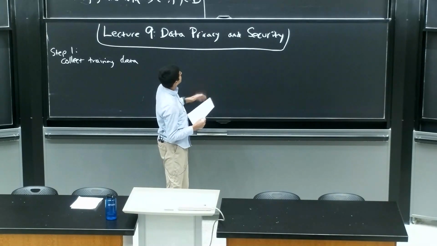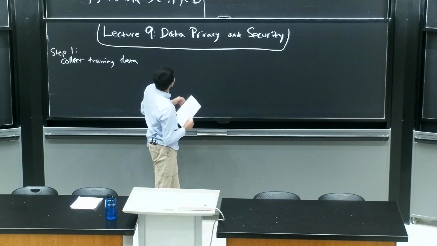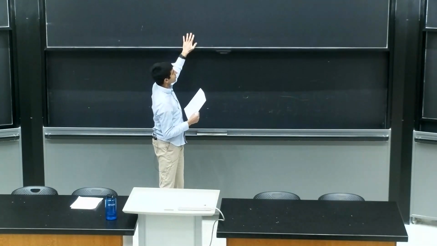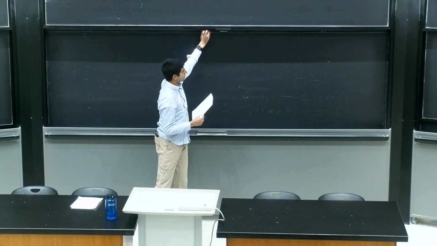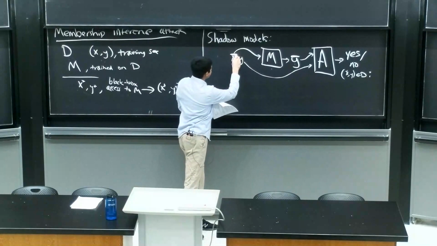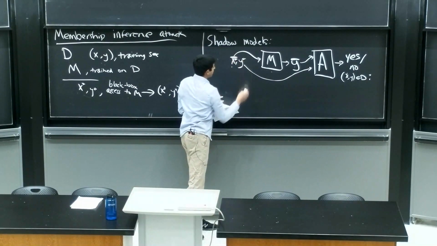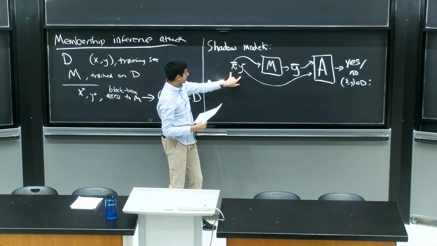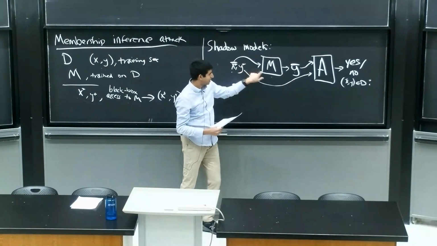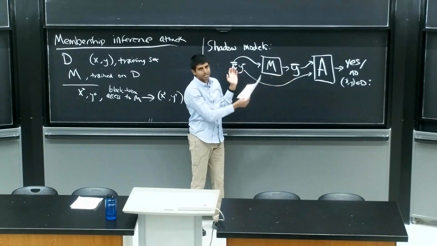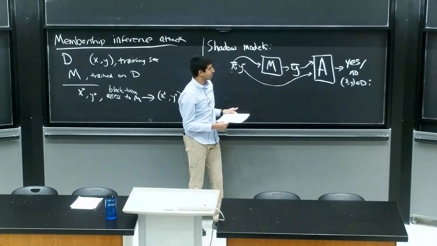We have some new data point, and I'll write stars next to those. As the attacker, we have some data point x star, y star. At attack time, we're given this data point, and what we're going to do is feed it into the model and get the prediction vector out. That's really the only thing we can do: with black box access to the model, all we can do is feed in inputs and look at outputs.